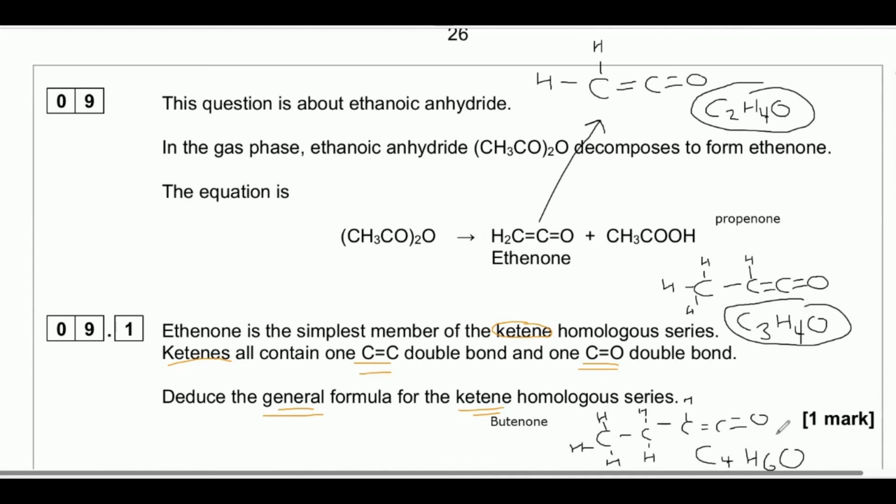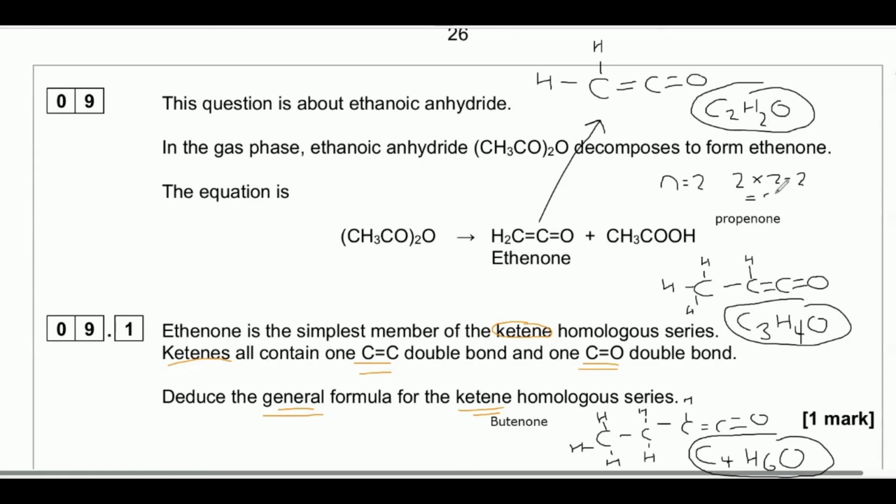So you're really looking at n, the number of carbon atoms. For alkanes, you have CnH2n+2, or for alkenes, you have CnH2n. So n is the number of carbons, and then work out your hydrogens from that.